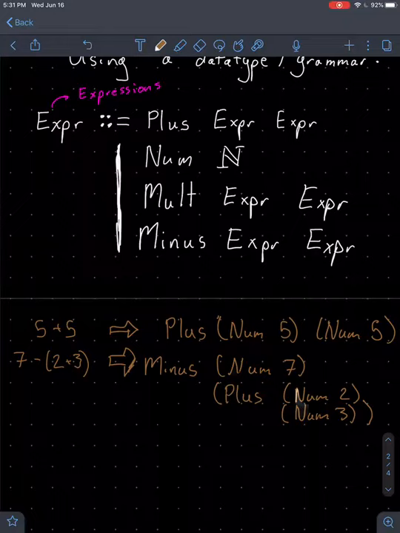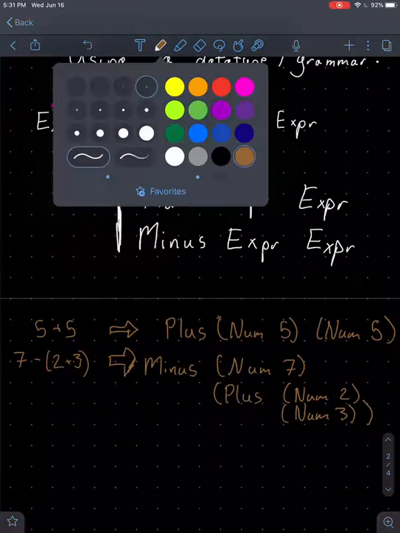Brian has a good point. So I guess we're not going to define parentheses. Do we need to? This is an interesting thought.